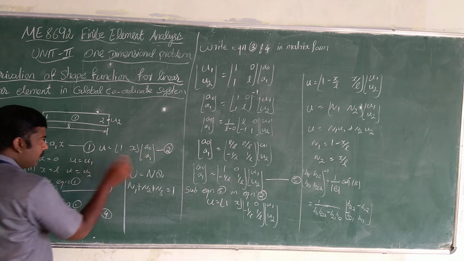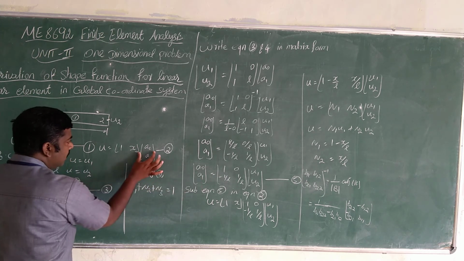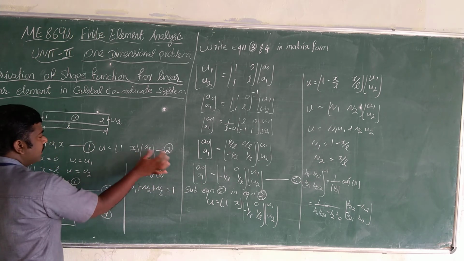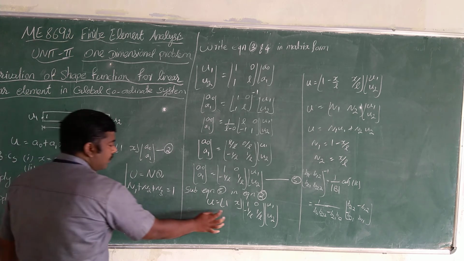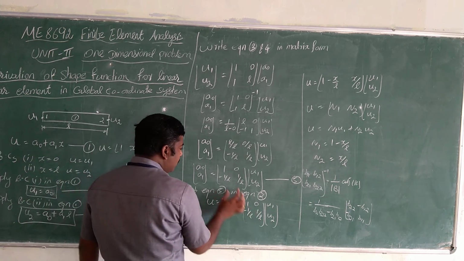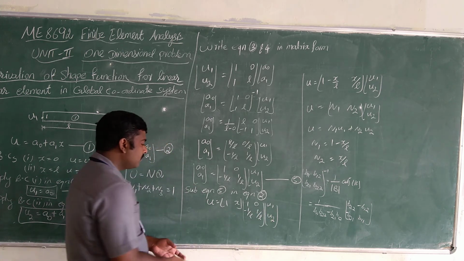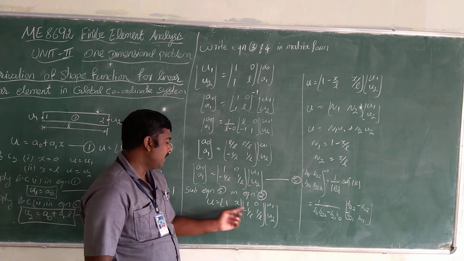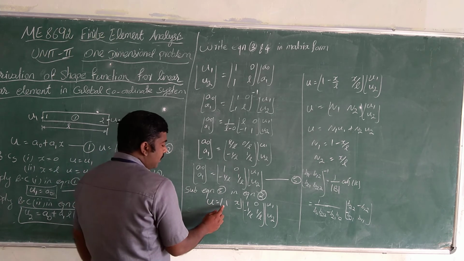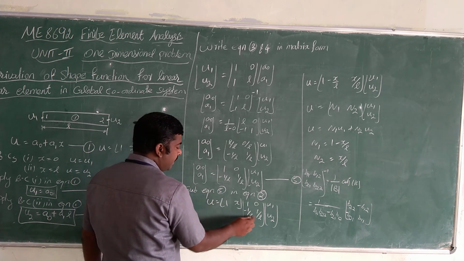Now substitute equation 5 in equation 2. Here we substitute this a0 a1 matrix in equation 2. Therefore u equal to 1 x times the matrix 1 0, minus 1 by L, 1 by L, times u1 u2, and multiply these two matrices. This is a 1 by 2 matrix and this is a 2 by 2 matrix.